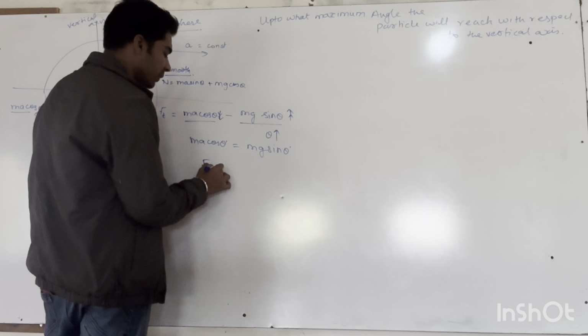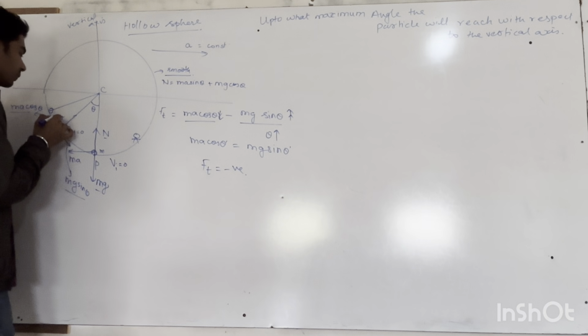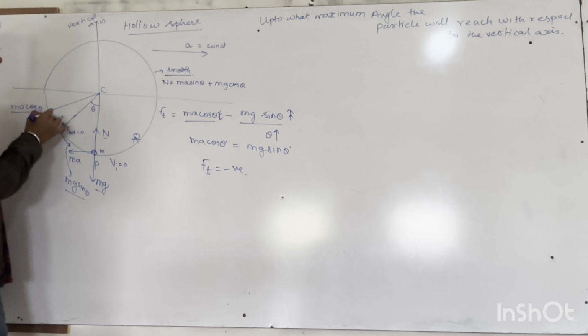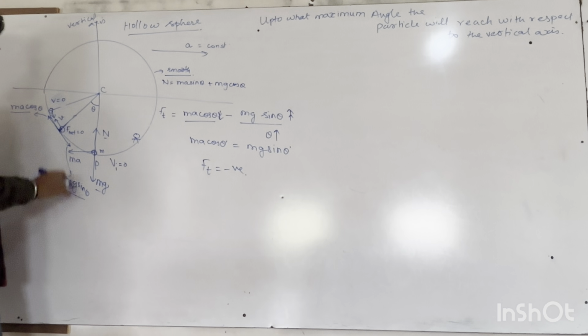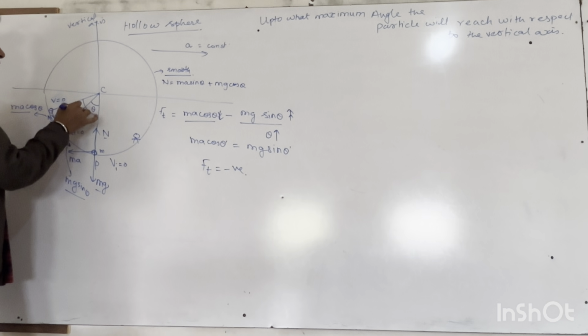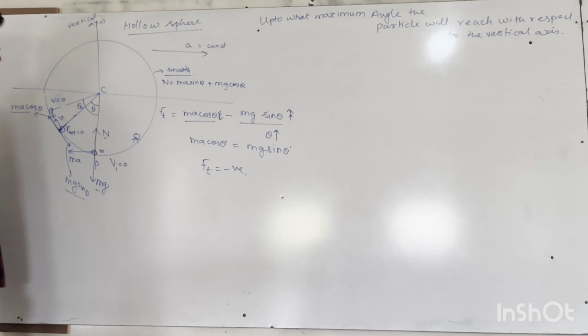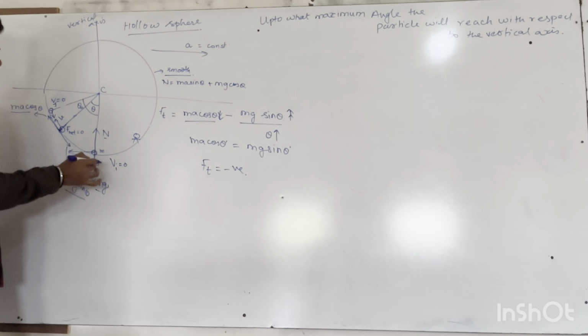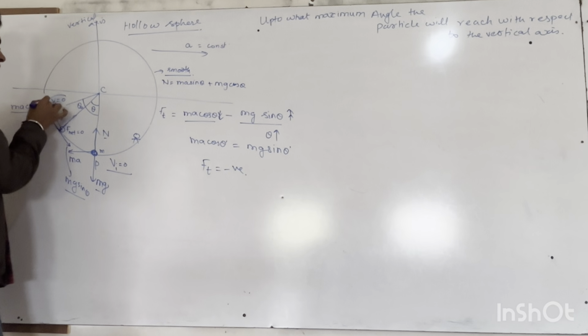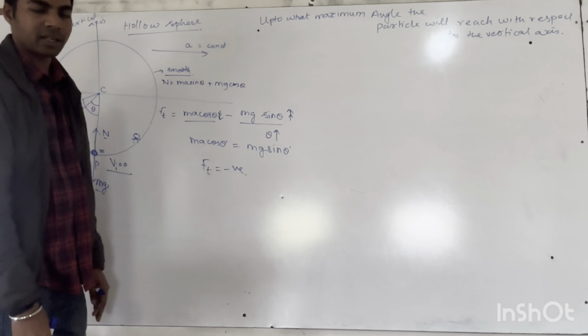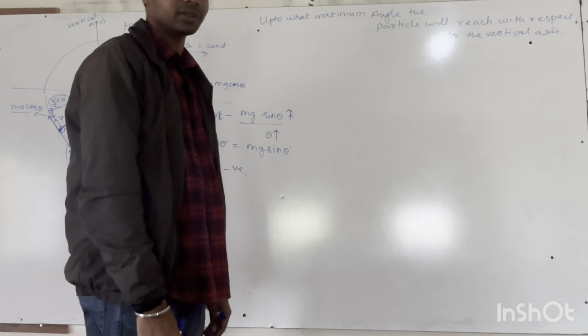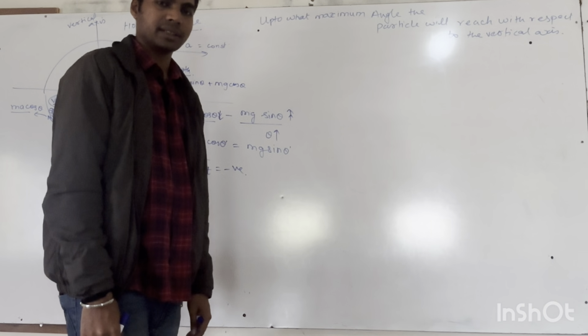So F_t will eventually become negative, or the net force will eventually be in the downward direction, which will keep on decreasing the velocity, and at a moment there will come an instant where the velocity of the particle is 0. We will call this theta naught, and our purpose is to see these two situations where the initial velocity is 0 and the final velocity is also 0. We will apply our work energy theorem between these two situations. I hope we are clear.